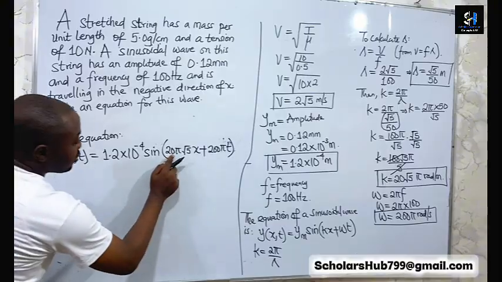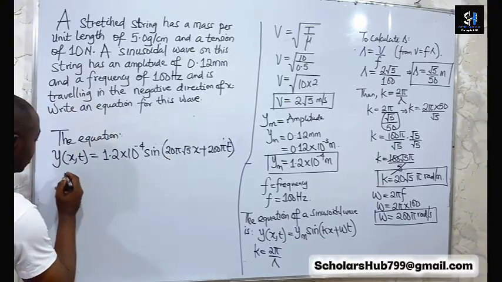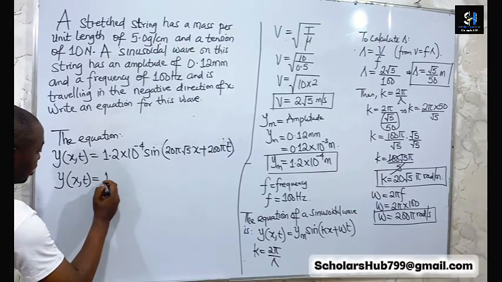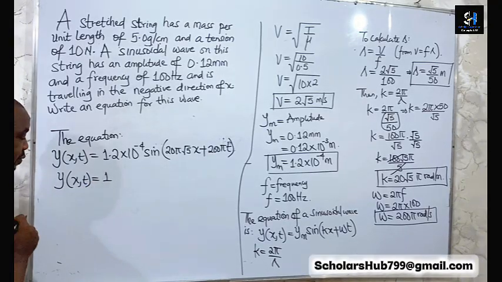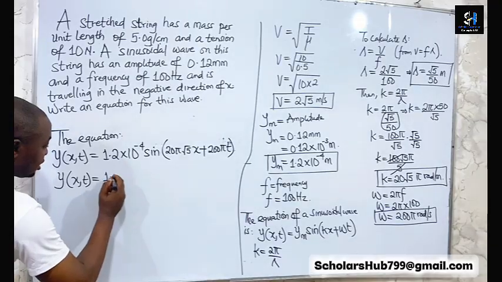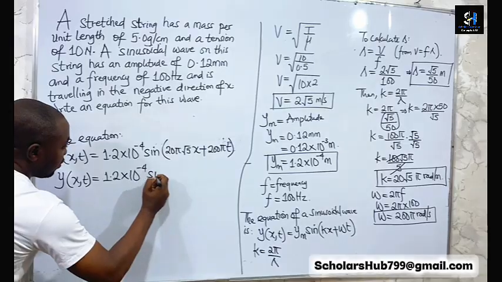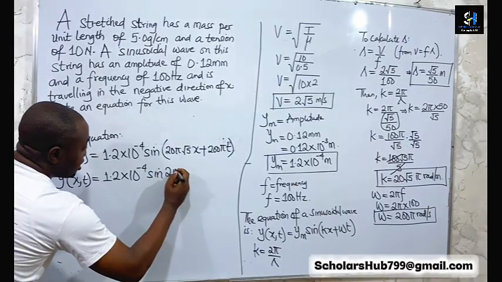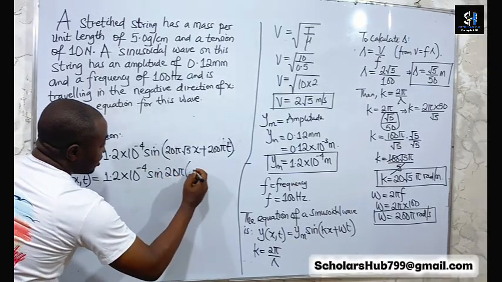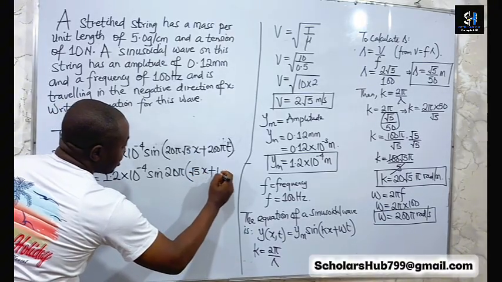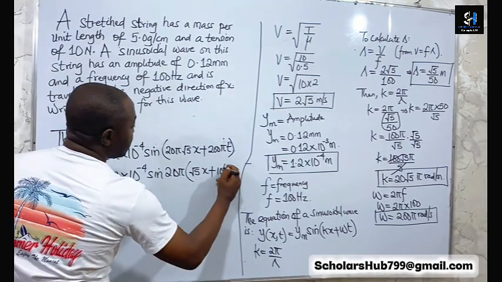Now let me factor out 20 pi, so that we have the equation y as a function of distance x and time t equals 1.2 times 10 raised to the power of minus 4 sine of 20 pi times root 5 x plus 10t.